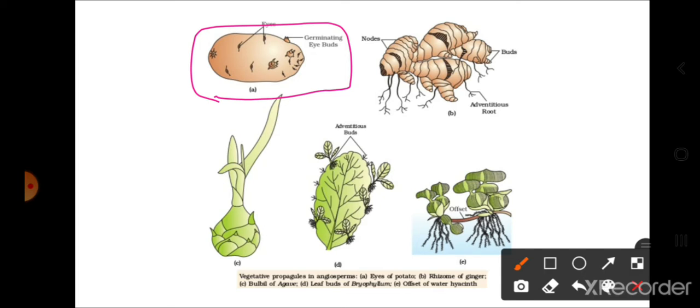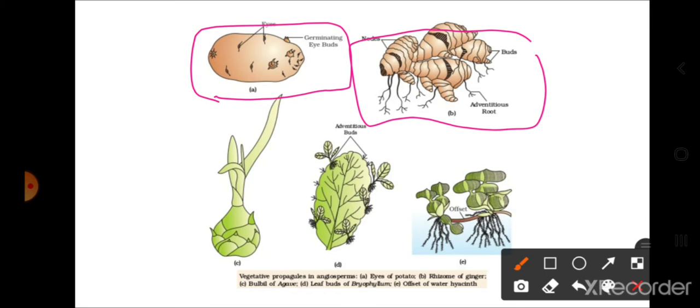These eyes are nothing but buds, and when sown in the soil they are capable of forming new plants. Then this is the rhizome of ginger. Basically, rhizome is a stem. This stem has nodes, internodes and buds, and these nodes and buds will form new plants.